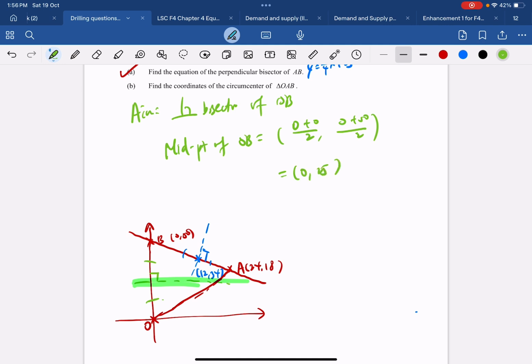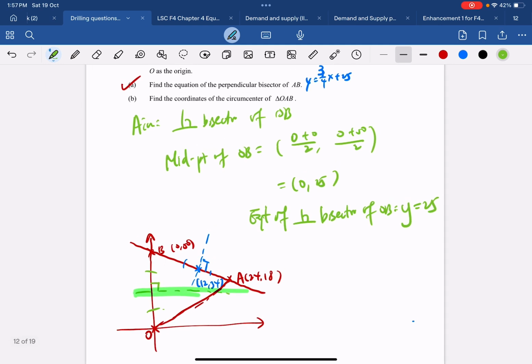But as you know, this time, can you see that the perpendicular bisector of OB is a horizontal line, right? Which means the equation of the perpendicular bisector of OB would be y equals 25, because it's a horizontal line. So y equals 25.